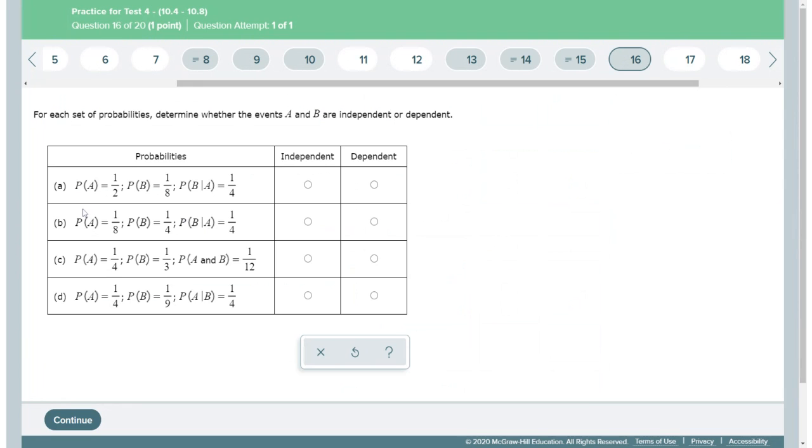All right, so here's more dependence and independence. Now, let me kind of explain a couple of things. There are 2 different properties here at work.